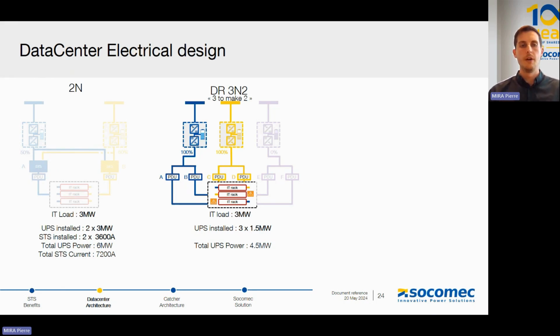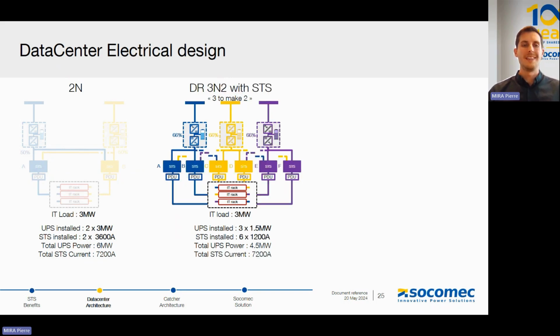However, now loads are exposed to a second issue. If there is an issue on the cooling of the servers, or if the server sees a fault coming from the PDU, the server will be affected by this issue. So bringing, again, a static transfer switch in this distributed redundant architecture helps to enhance the resiliency in your data center.